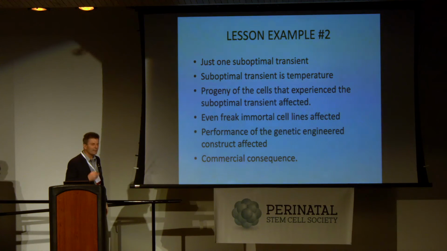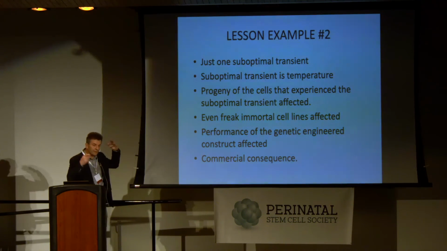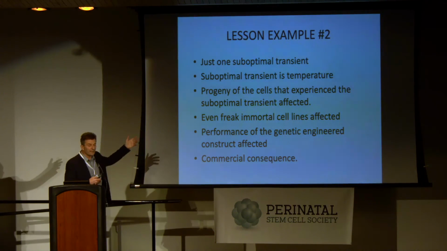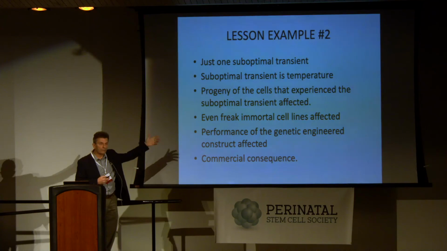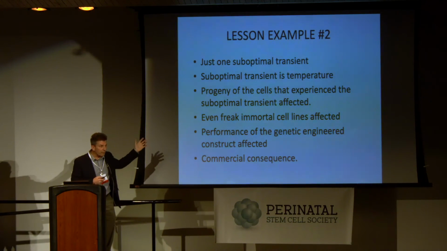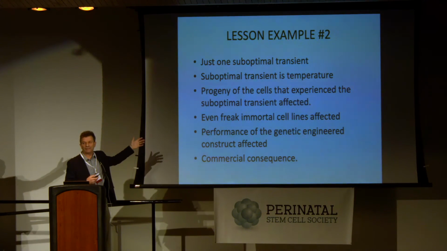That's something that has to get into consideration. Another significant thing to me is these were freak immortal cells that are almost impervious to anything. A Chinese hamster ovary tumor that was isolated 40 years ago and has been propagated everywhere all the time. How could that be affected?